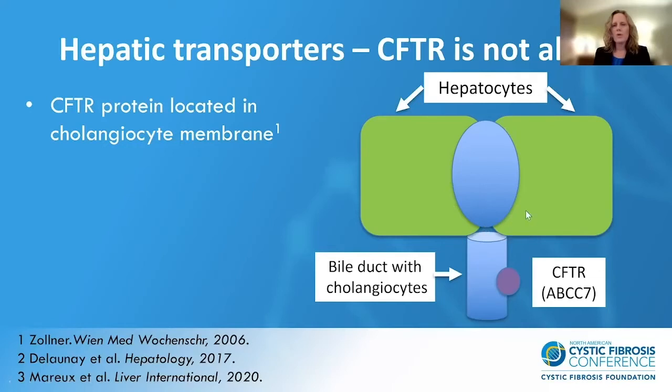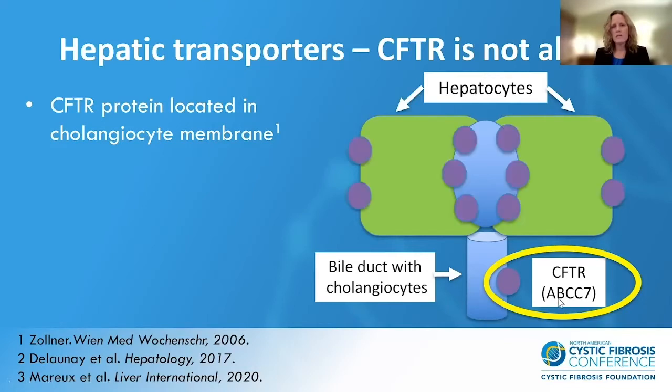The blue oval in the middle is a biliary ductule, and the blue cylinder is a bile duct, which is lined with cholangiocytes. The CFTR protein is located here in the wall of the bile duct. It is also named ABCC7.